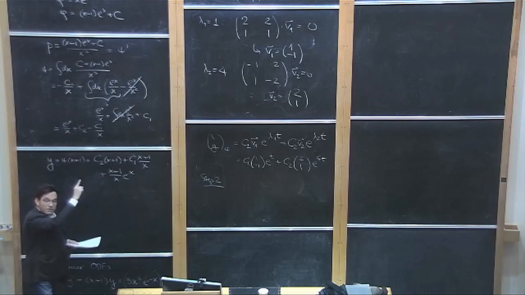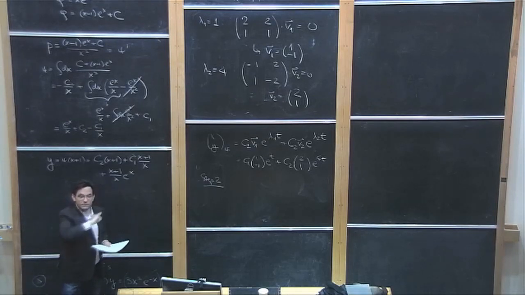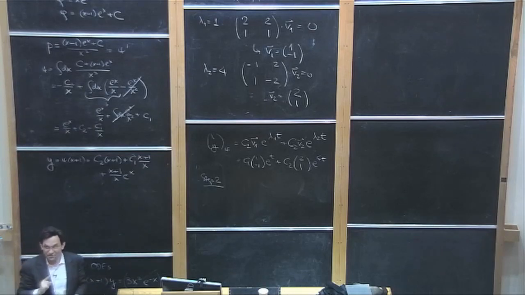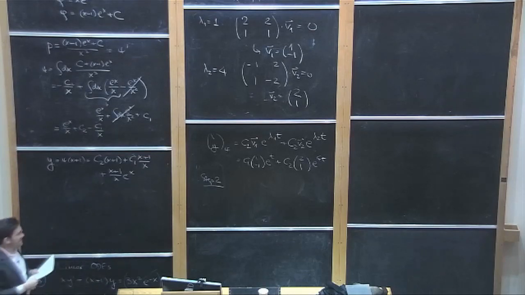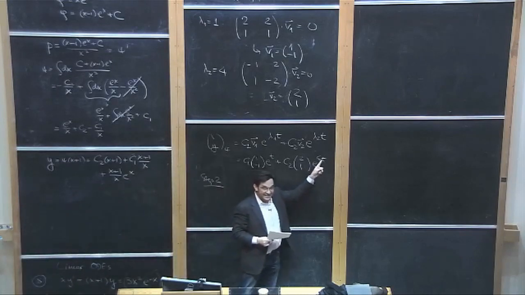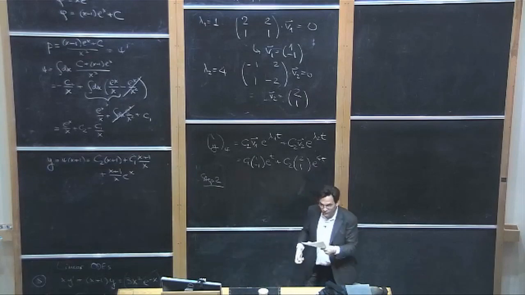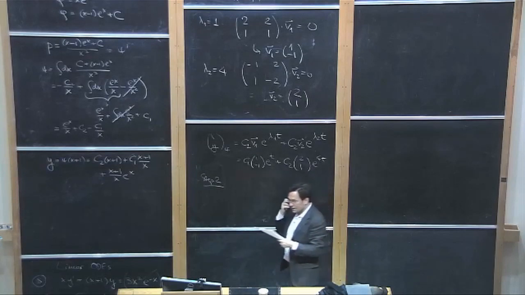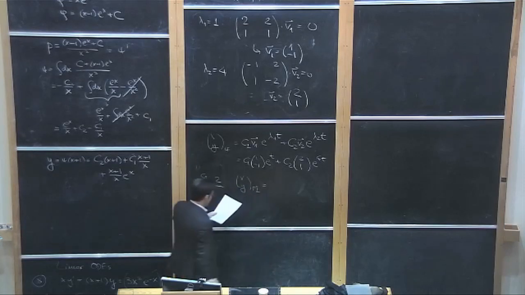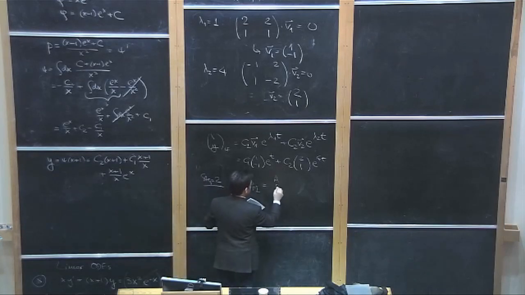The key feature of that 5 is that it's not equal to either 1 or 4. And so it's not one of these. And therefore, it is conceivable, and indeed inevitable, that the particular solution can be found in the form of (A, B) e to the 5t.